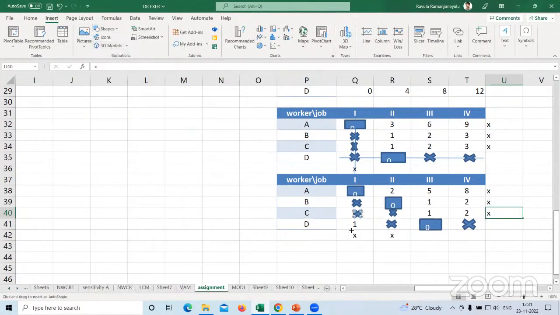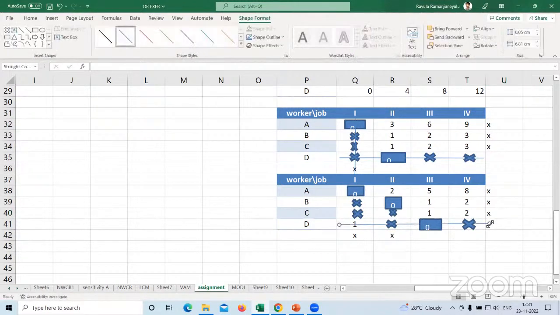Column wise, we need to draw a line wherever it is marked. The first is marked, so draw the line for the first, and the second is also marked, so draw the line for the second also. So there are 3 lines because 3 assignments are made.